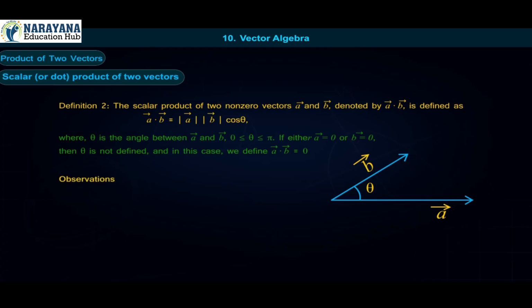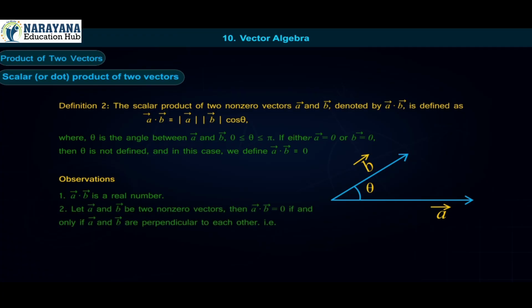Observations. Number 1. Vector A · vector B is a real number. Number 2. Let vector A and vector B be two non-zero vectors. Then vector A · vector B = 0 if and only if vector A and vector B are perpendicular to each other.